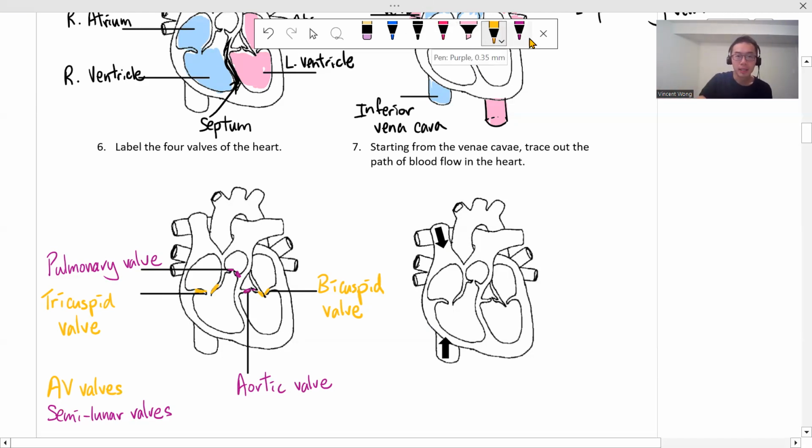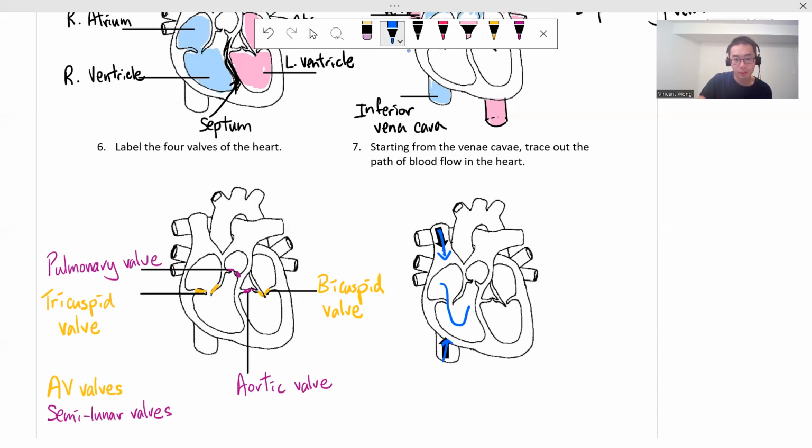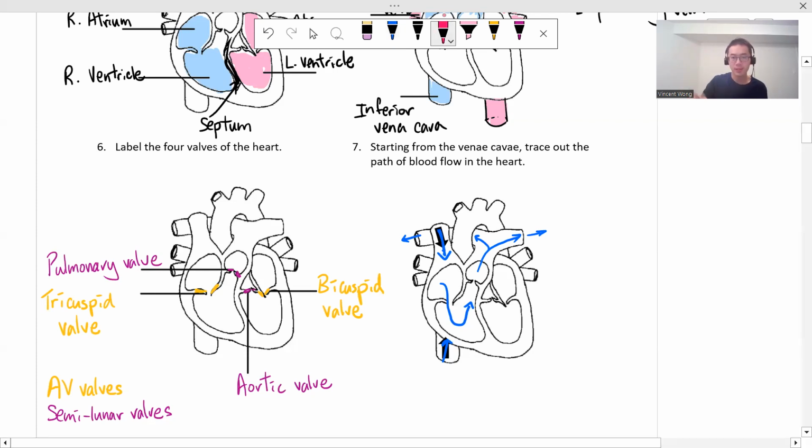All right, next part here is asking us to trace the blood flow. We know it's going to be coming in from the superior and inferior vena cava. From the vena cava, it's going to go into the right atrium, down to the right ventricle. It's going to go through these pulmonary arteries, then to the lungs.